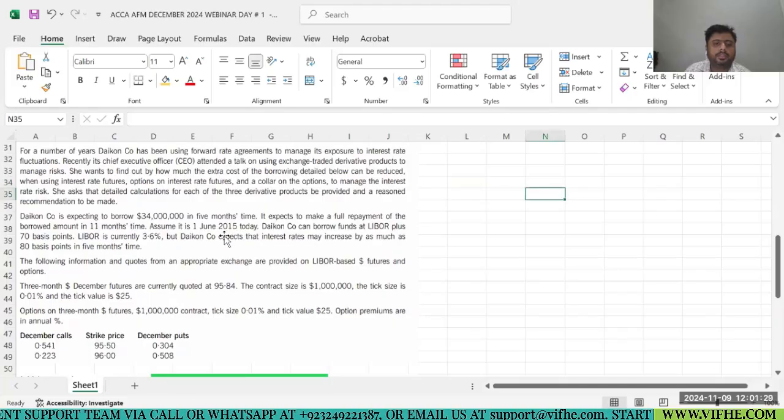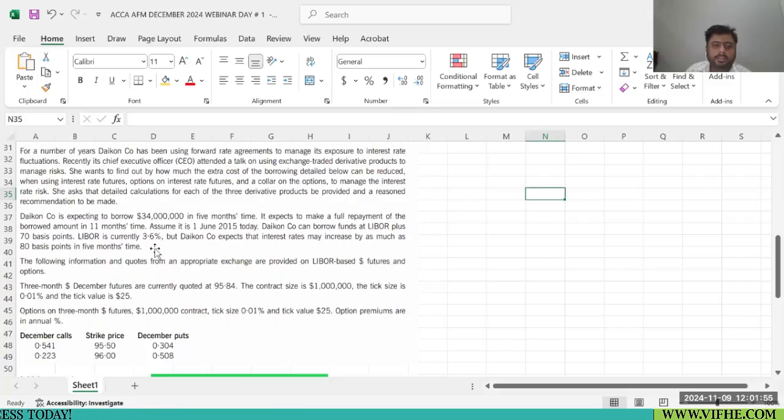Assume it is 1st of June 2015 today. So if it is 1st June 2015 today, and the borrowing is going to start after 5 months from today, so the borrowing is going to start June, July, August, September, October, end of October, that is 1st of November. Dicon Company can borrow funds at LIBOR plus 70 basis points.